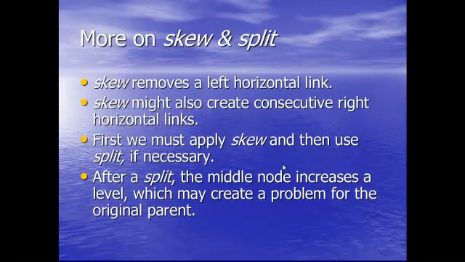You can see the information about skew and split. The skew removes the left horizontal link. Skew might also create consecutive right horizontal links, so first we must apply skew, then use split if necessary, and after a split the middle node increases a level, which may create a problem for the original parent.